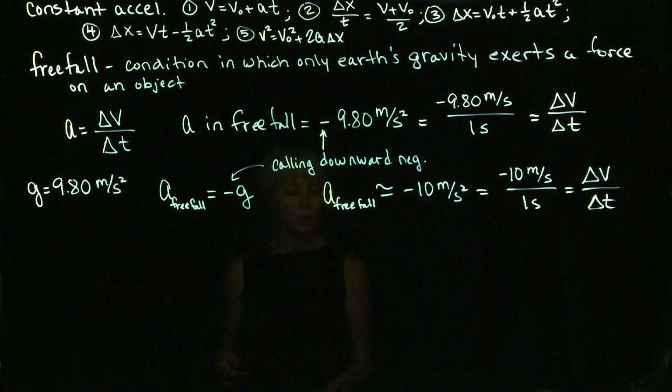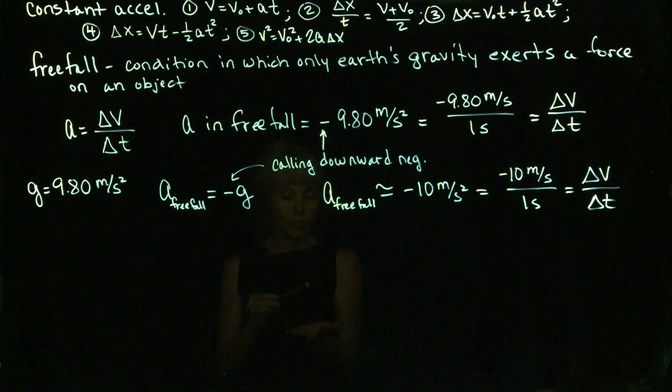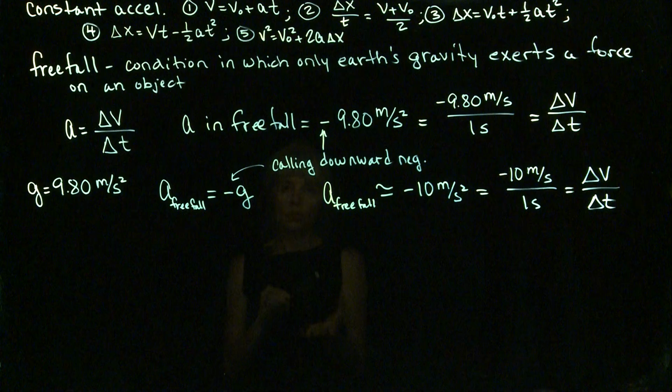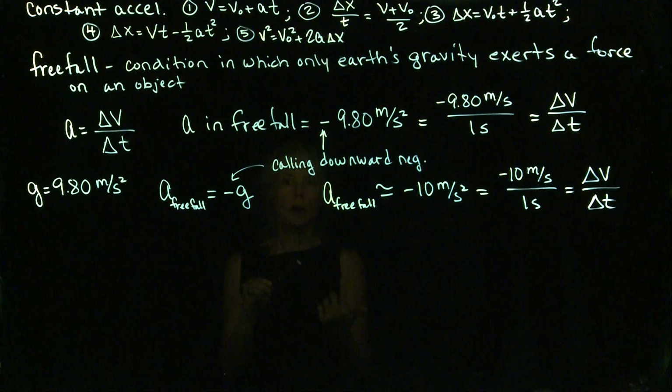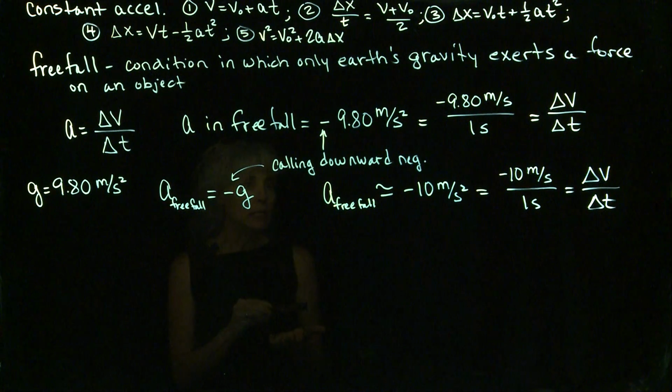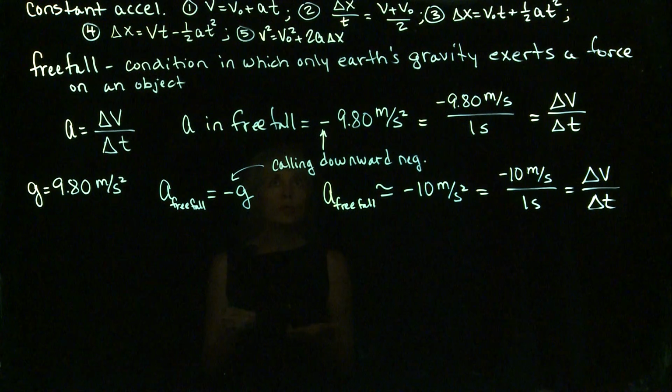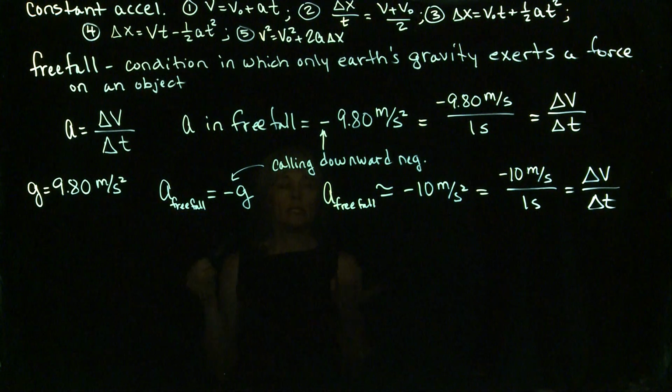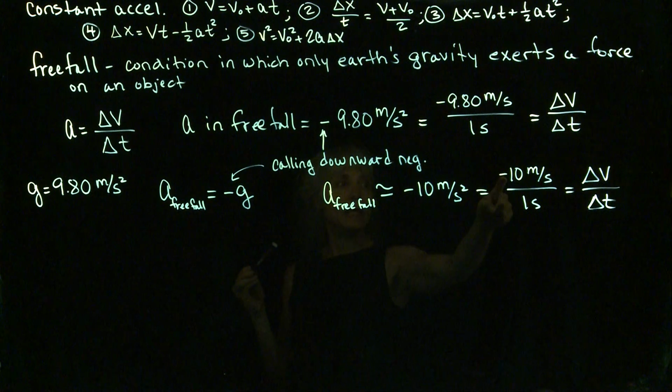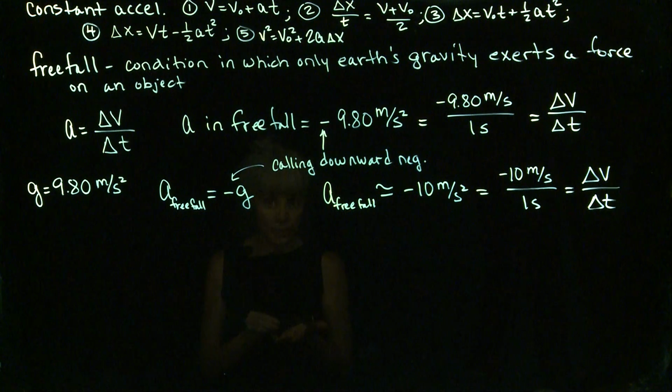So the velocity is becoming more negative by about 10 meters per second every single second that it's in free fall. All right, so if I throw my pen up in the air so that it leaves my hand with an initial velocity upward of 10 meters per second. Once it leaves my hand, the only entity acting on it is Earth's gravity. And so that means that its velocity should become more negative by 10 meters per second every single second.